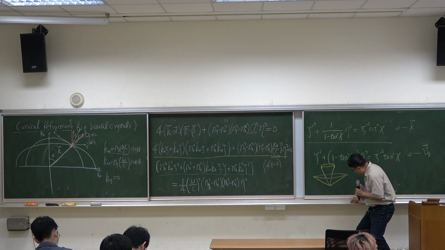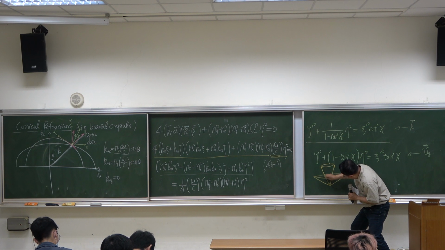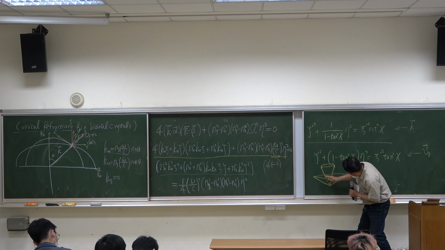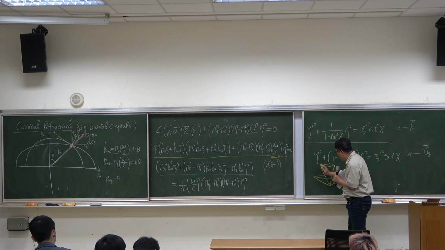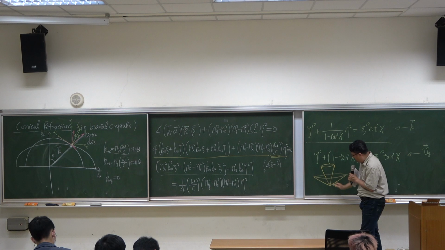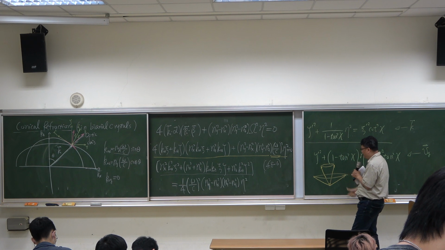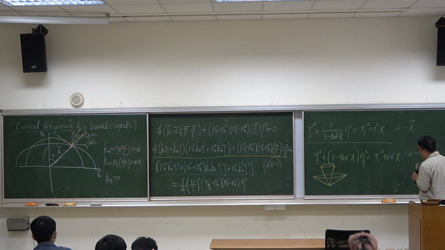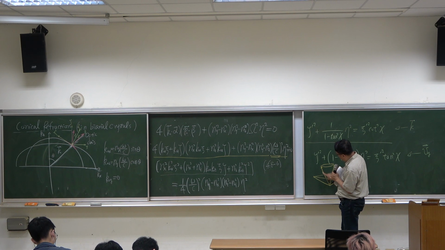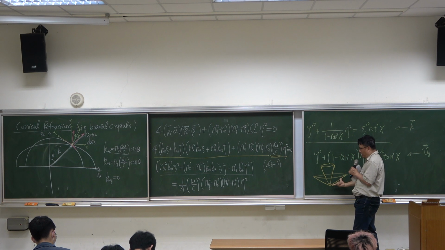So this incremental of k vector is perpendicular to this group velocity. This group velocity is perpendicular to the k cone.